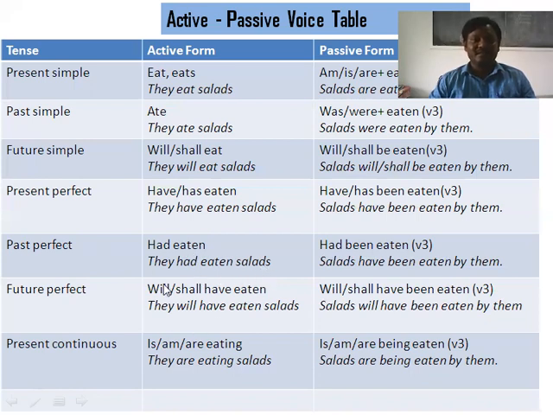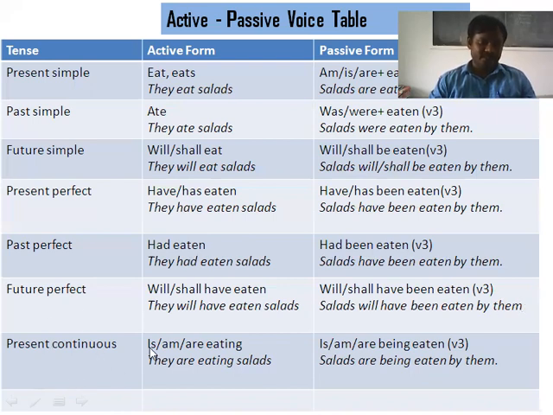The object has taken the subject position. We begin the sentence with salads: salads had been eaten by them. Next, future perfect tense: will or shall have eaten. They will have eaten salads. Salads will have been eaten by them.